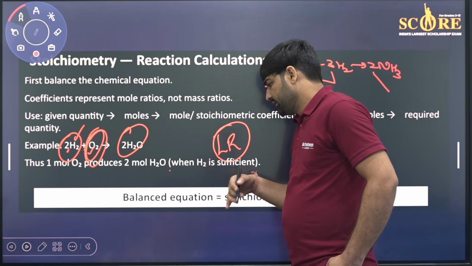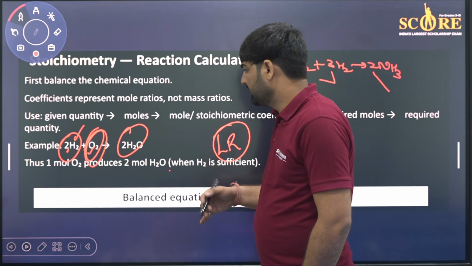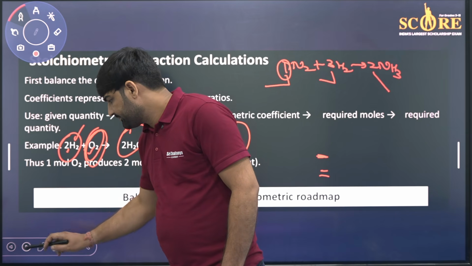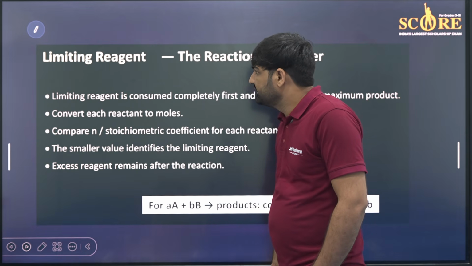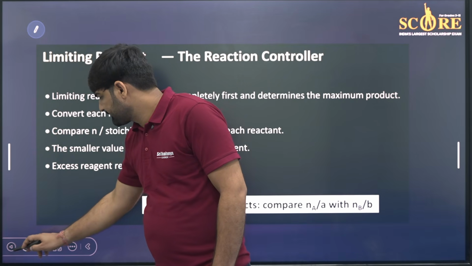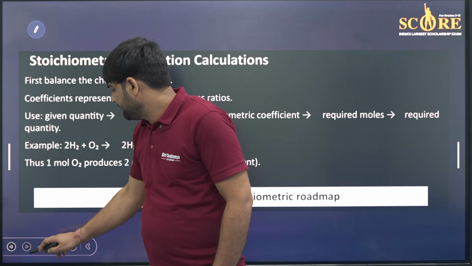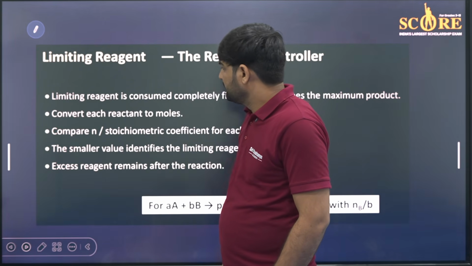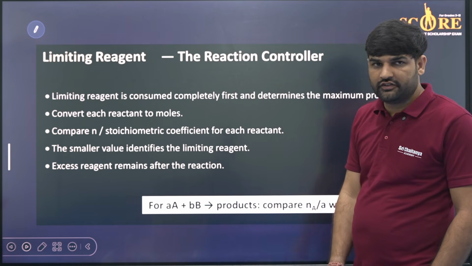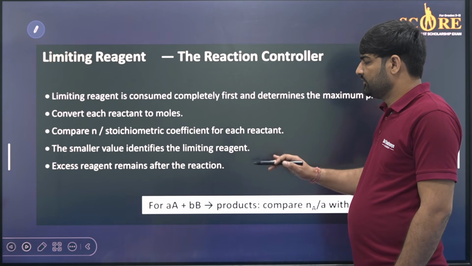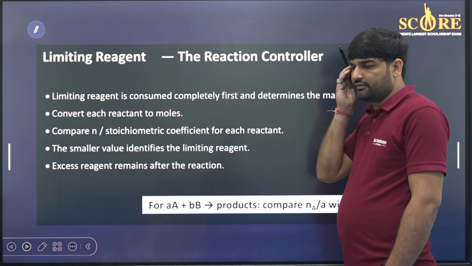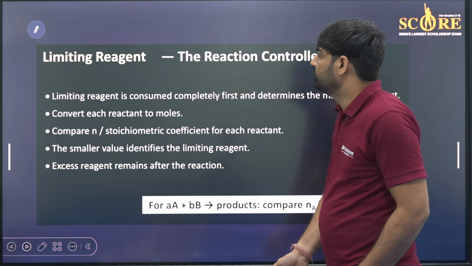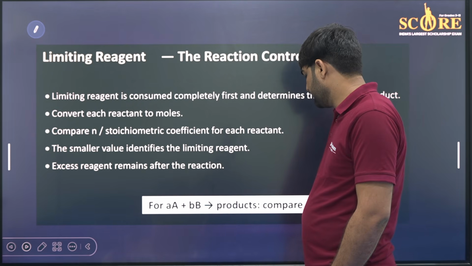So we take an example for LR calculation. So what is a limiting reagent? I already told you what a limiting reagent is. So what is the fundamental method for calculation of LR?